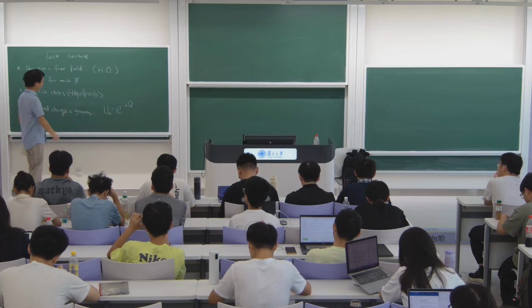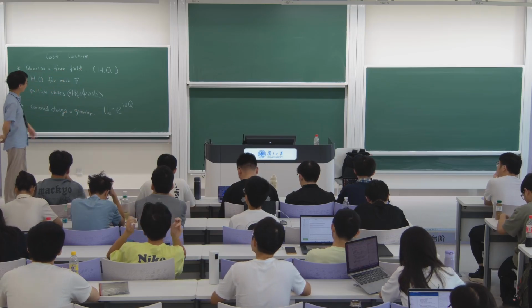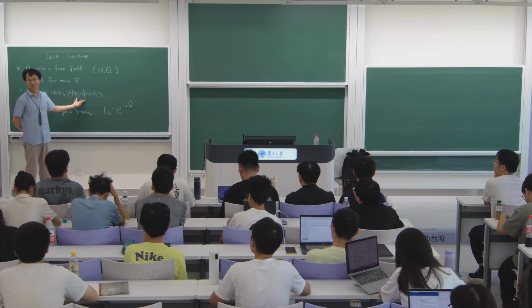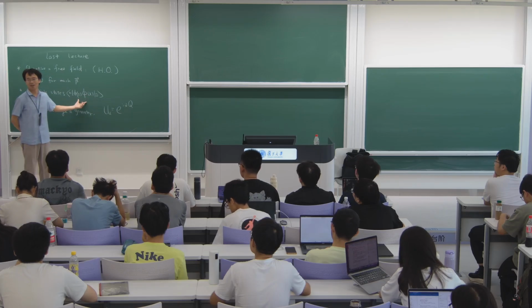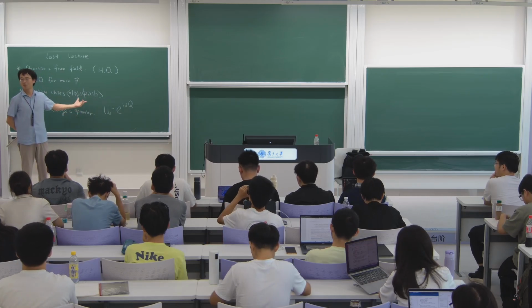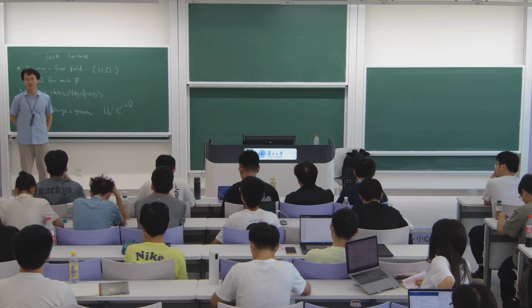So as you can see, this is nothing but the expectation value of two phi. You consider one phi, you can also consider two phi located at different positions.